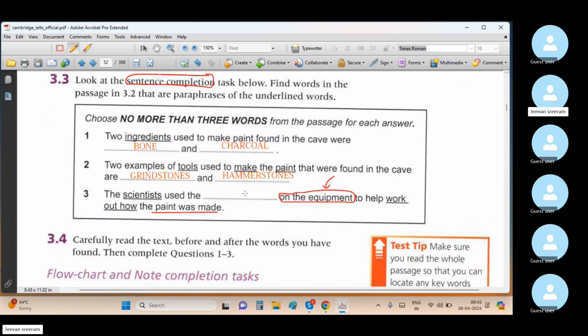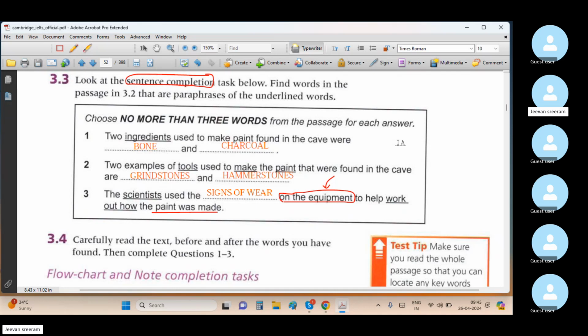Ochre mixture can be used as paints, no? Right? Is it clear to you all? Yes. Okay. Is it clear?